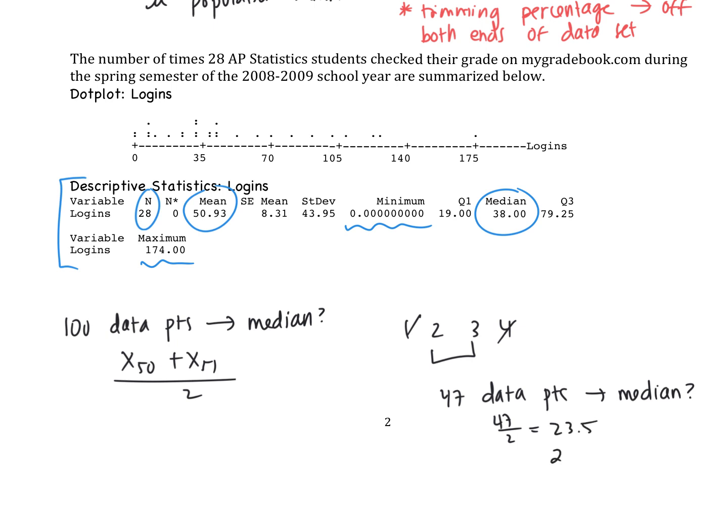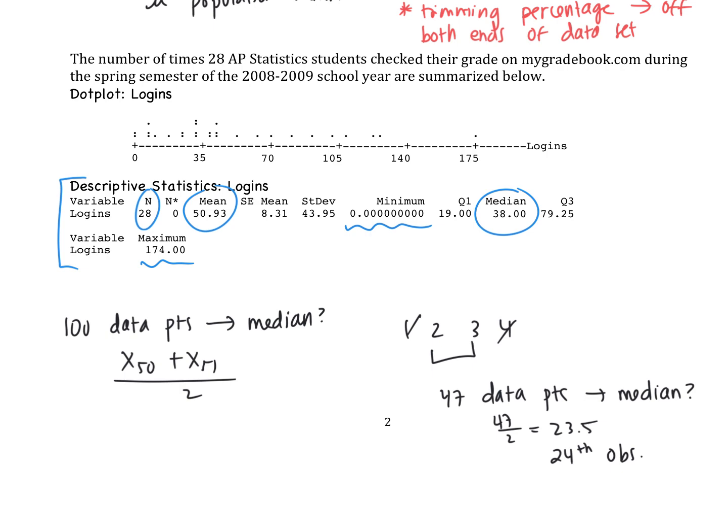So you are looking at the 24th observation. How do we feel about that? Not bad? We're good so far? Okay. That is the basics of what you need to know about measures of center.